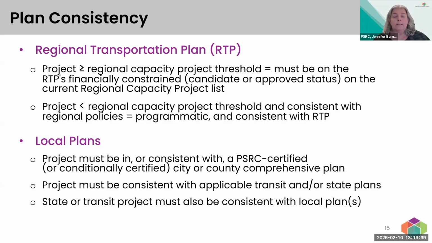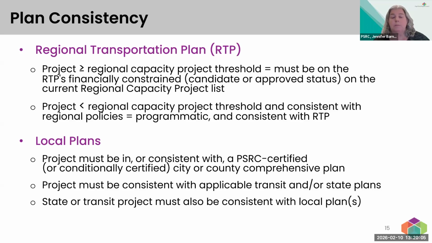The local plan consistency indicates that a project needs to be in or consistent with a PSRC certified city or county comprehensive plan. As of right now, they can be conditionally certified. But the plans we're holding this to now are the plans that were required for update in 2024.